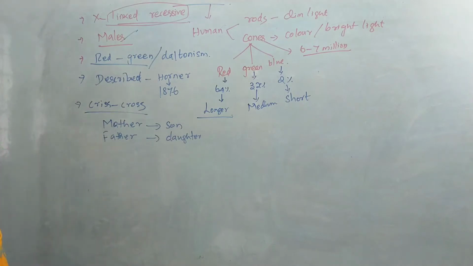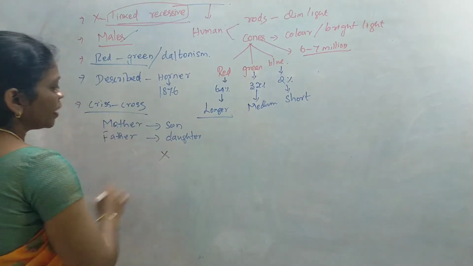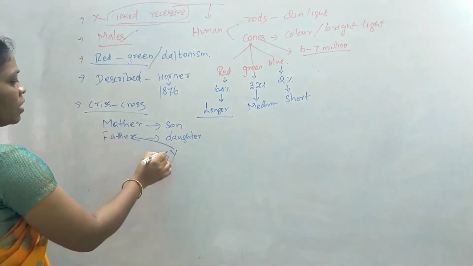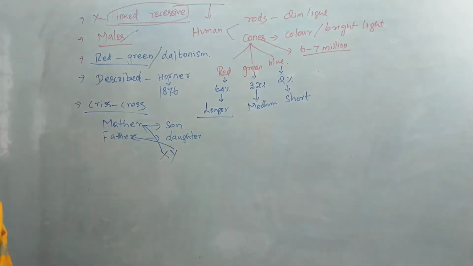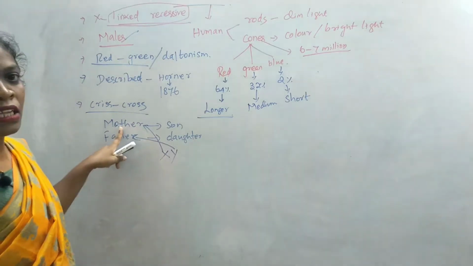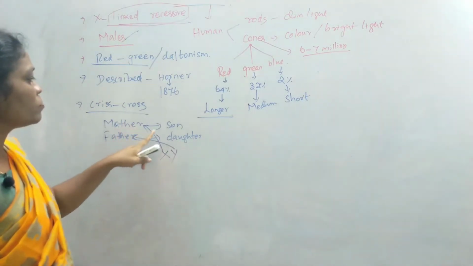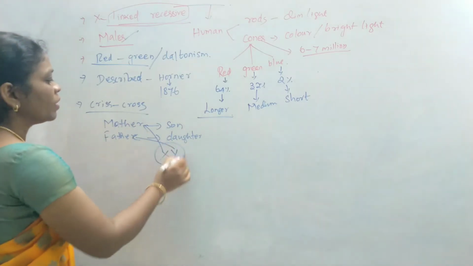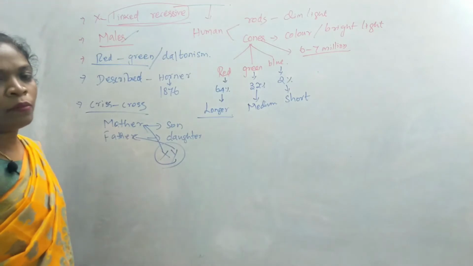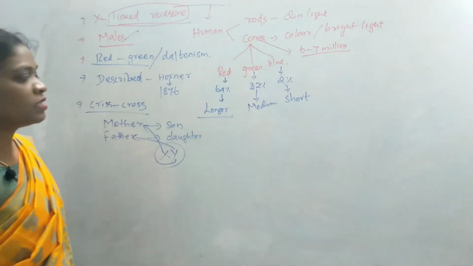Mostly males are affected by this disease because males have only one X chromosome and one Y chromosome. The Y they receive from the father, but the X chromosome they receive from the mother, because the disease is carried by the X chromosome. If the mother is carrying the disease and passes the X chromosome to the son, the son will exhibit color blindness. So the affected individuals are mostly males in case of X-linked disease.